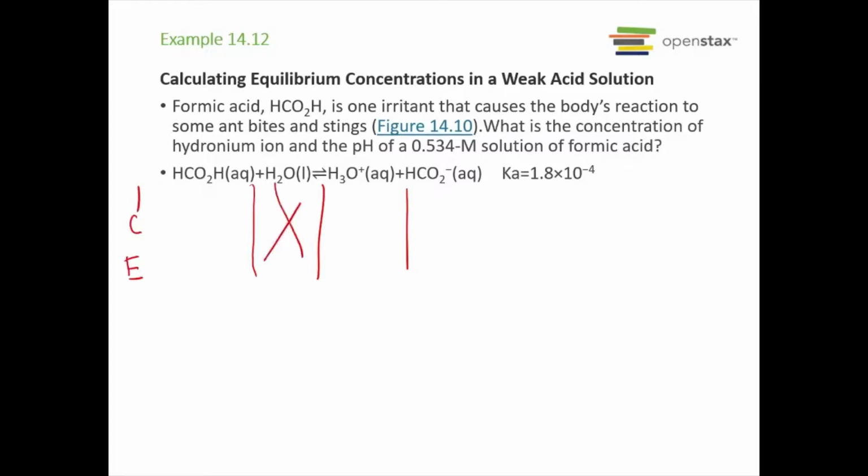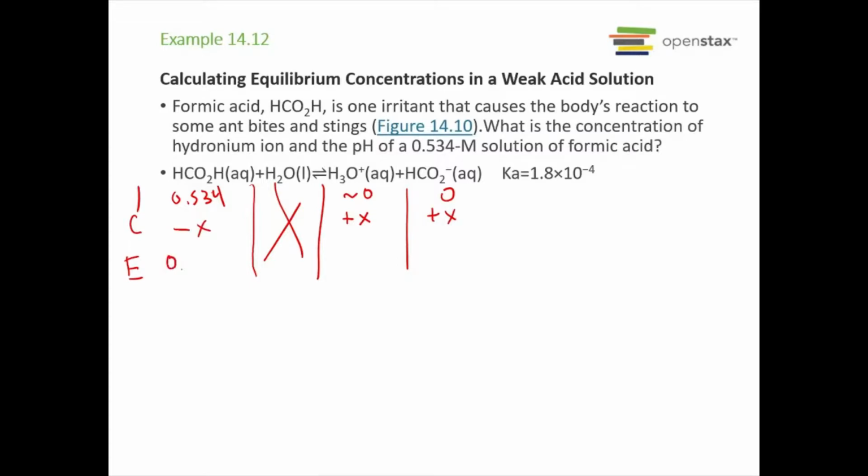As usual, water doesn't count because it's a liquid. We're starting with 0.534 molar of HCO2H, approximately 0 hydronium, and 0 HCO2. Now, we don't know the pH here, so we can't do like we did in the last example, but we know then that we're gaining some X amount of our products and losing some X of our reactant.